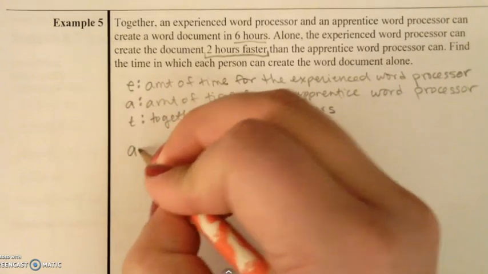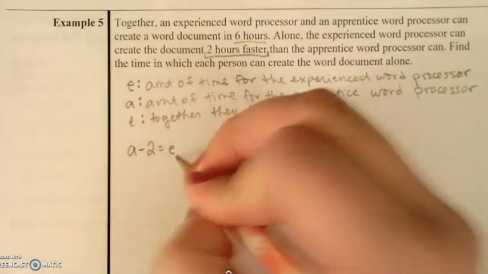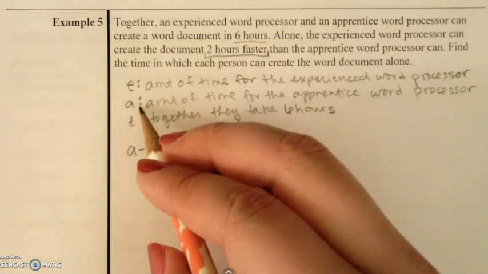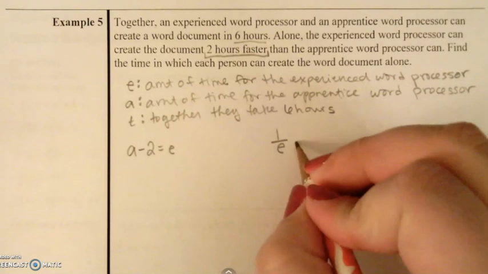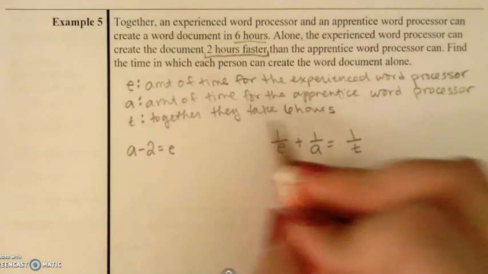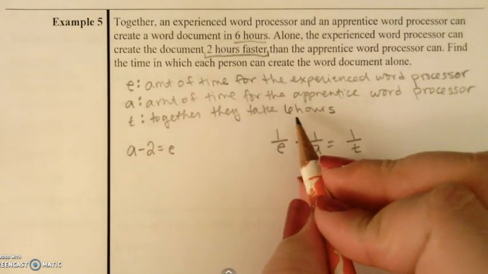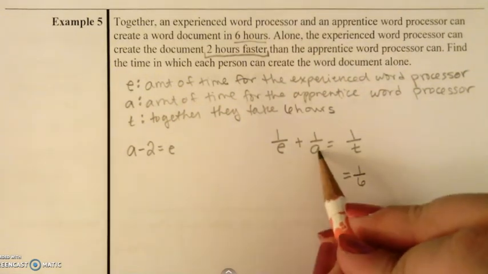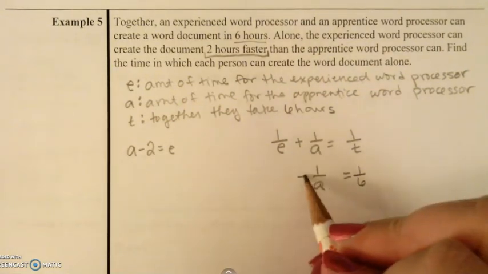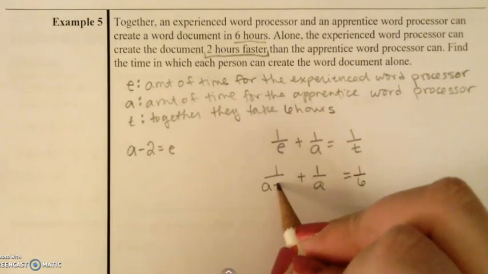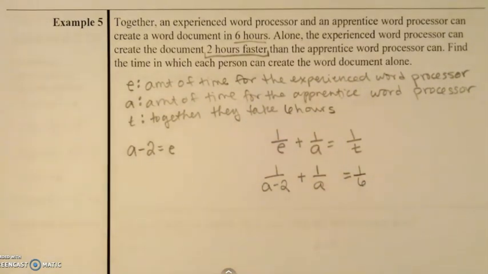So A minus 2 equals E. We also know that relationship of work time: 1 over E plus 1 over A equals 1 over T. Here we said T is 6 hours, so we can replace that as 1 over 6. And then we don't know A, but we do know E is A minus 2. So 1 over A minus 2. That's not the only way to set it up, but that's the most similar to the way that we've done before.